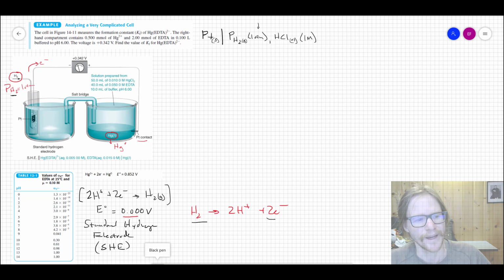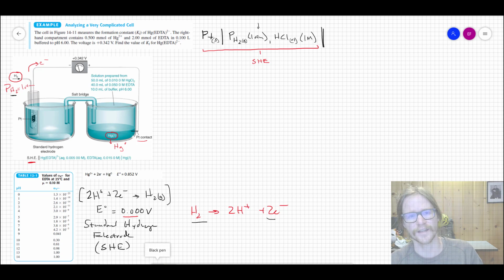And then that is in contact, so that's the whole solution on this side. That's our SHE electrode, which then goes to the salt bridge. So this whole thing here is SHE. I'm just writing this out to be a little bit more clear what that actually means.